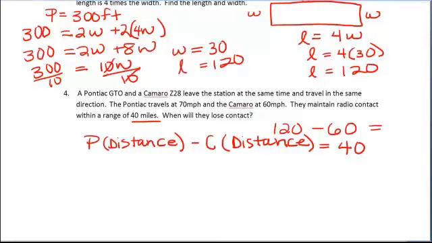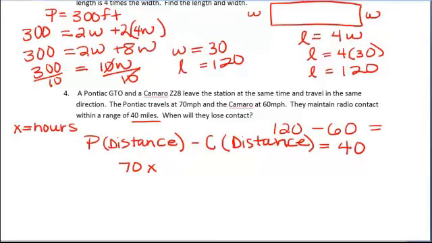So we want to know when we subtract those two distances, the mileage is 40, so that they're 40 miles apart. So here, the Pontiac distance, well, we know that the Pontiac is traveling 70 miles per hour. So after 1 hour, the Pontiac's traveled 70 miles. They'd be 70 miles from the start. And then after 2 hours, 140. So we'll put 70 times x, and we're going to let x equal hours, the number of hours that they've traveled.